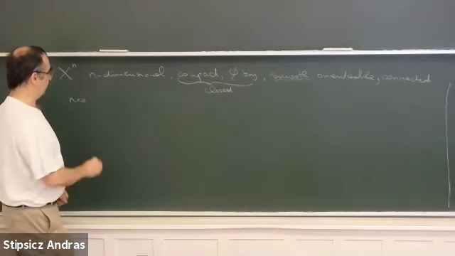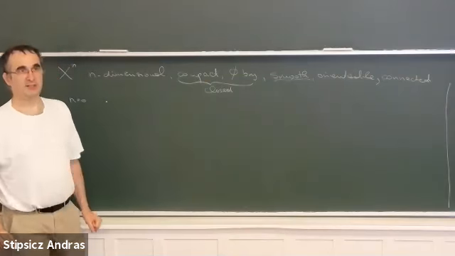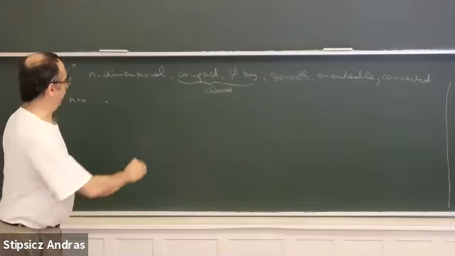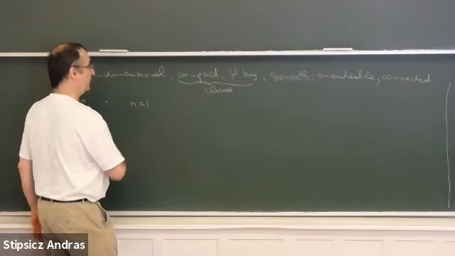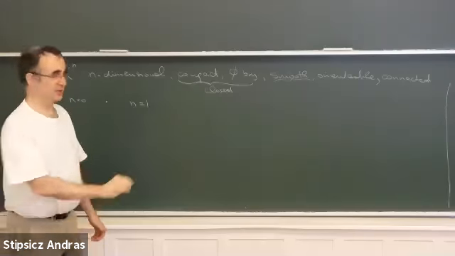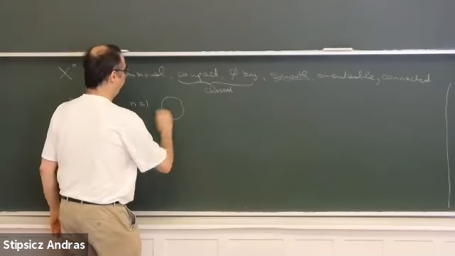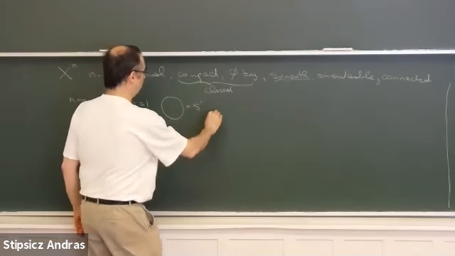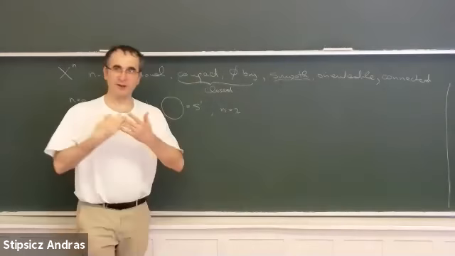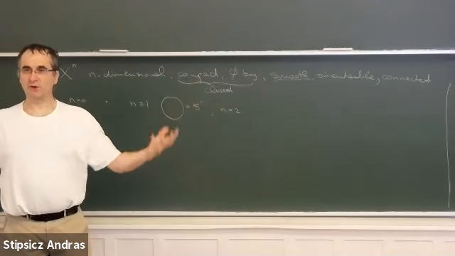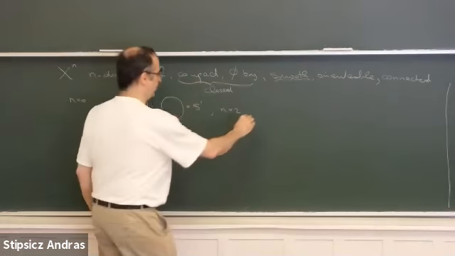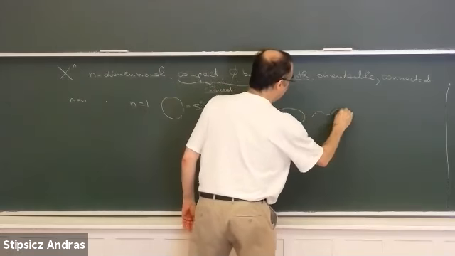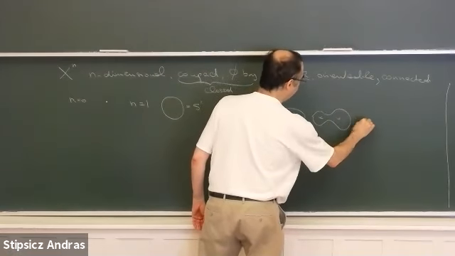Let me just remind you what happens when the dimension is 0. Then the only such manifold is the point. Suppose we understand the point. When n is equal to 1, there is one such example, which is the circle. And we are very confident about the topology of the circle. When n is equal to 2, we have this famous infinite sequence of higher and higher genus surfaces. It starts with the sphere, the torus, the genus 2 surface, and so on.